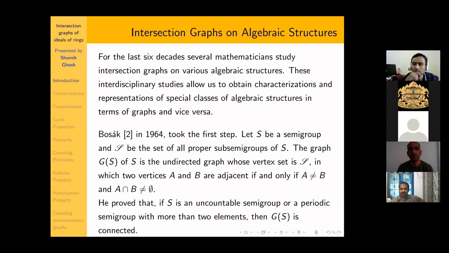That is, Bosák was studying the intersection graph of the collection of all proper subsemigroups of S. He first attacked the connectedness problem of this graph, and he proved that if the whole semigroup is uncountable or periodic with more than two elements, then the graph is connected. That was the first result that Bosák obtained.